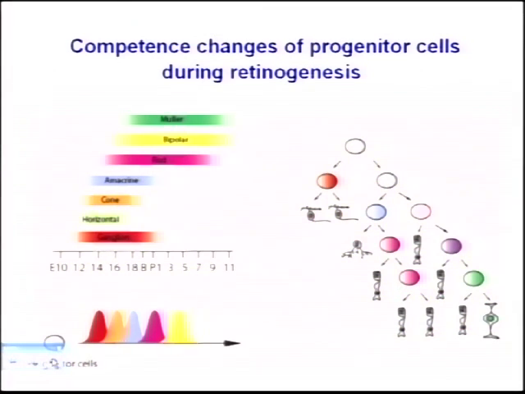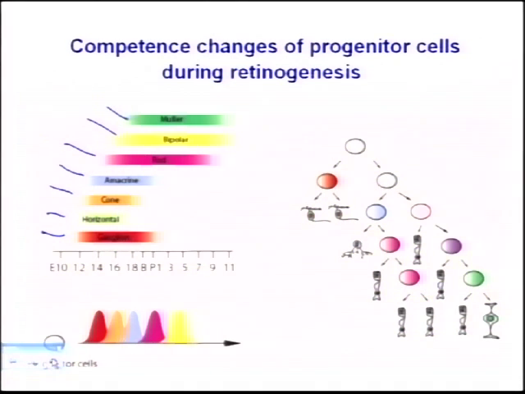That's shown in this little cartoon here. Again you see the different neural cell types and the glial cell type forming as you go through retinogenesis. What's been postulated, and there's a fair amount of evidence for this, is that at each stage of retinogenesis, the progenitor cells are gradually changing their competent state.